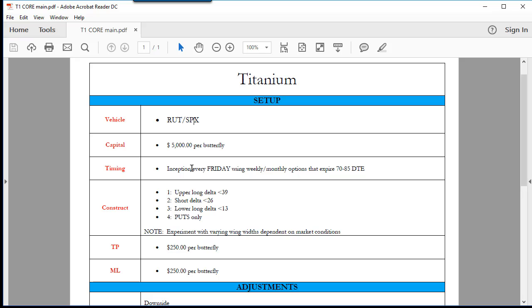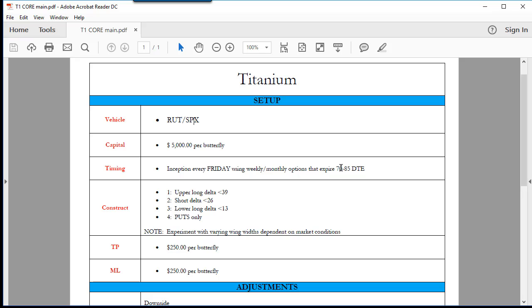Timing of this: if you put this on every single Friday, looking at the monthly options first, as well as using the weeklies as eligible candidates, you want to go out to 70 to 85 days to expiration for inception.